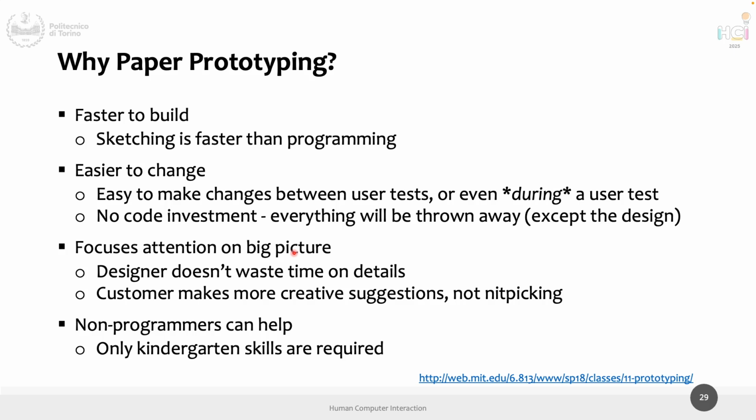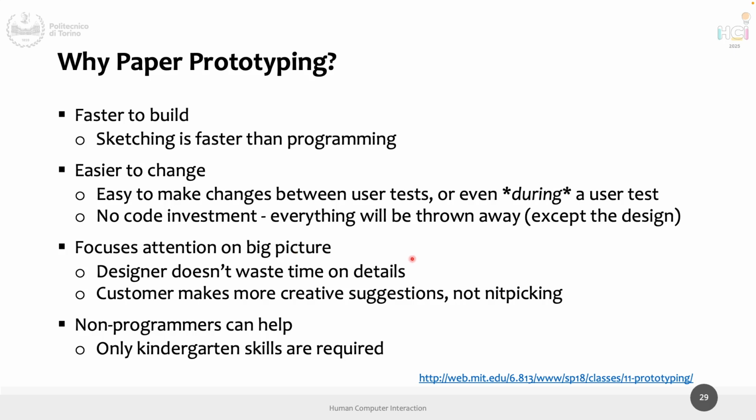It's easier to change. You can pick a piece of paper, throw it away and start from scratch. You can make changes very easily, and there is no investment in code, because it's a piece of paper and a pen.